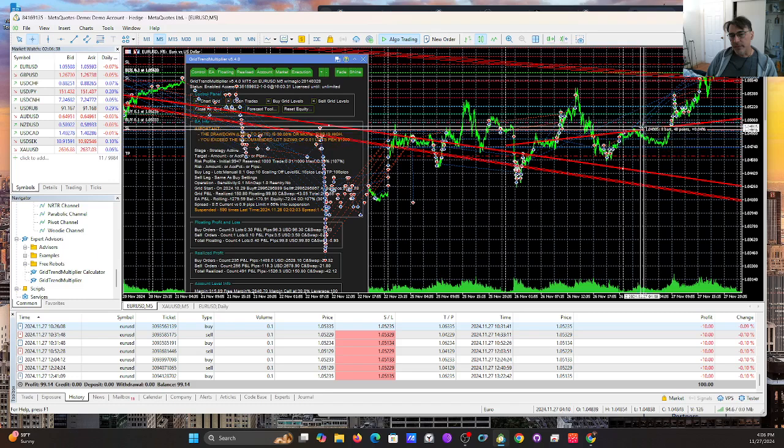So I definitely would not flip that around and use this as a reward range. So this is a 50 pip reward range to a 65 pip risk range. I wouldn't do that.